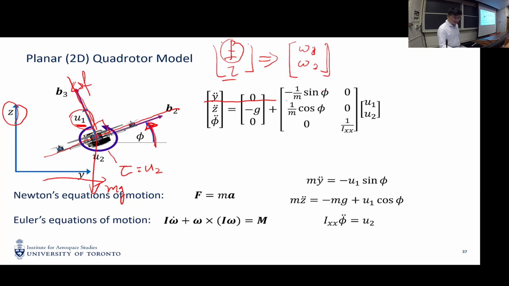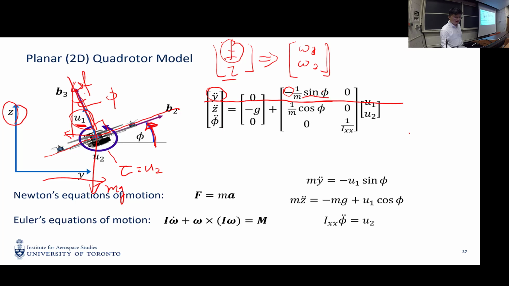So then as you can see, this equation describes the horizontal movement of the quadrotor. So basically Newton's second law, right? This is acceleration. This is the force. This is the horizontal projection of this force. This angle is the phi. So as you can see, because it's pointing towards a negative direction of y, we have a negative sign here.